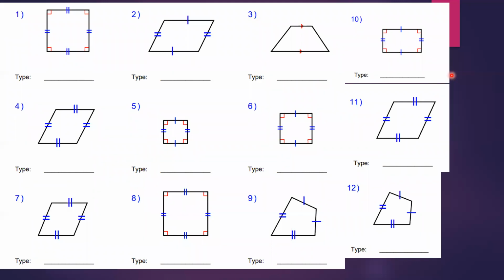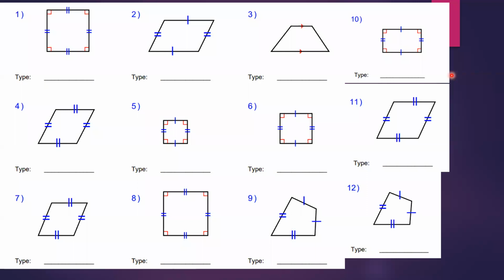And Rashad, what number are you on? Rashad, what number are you on? Pardon? What number are you on? Hello?